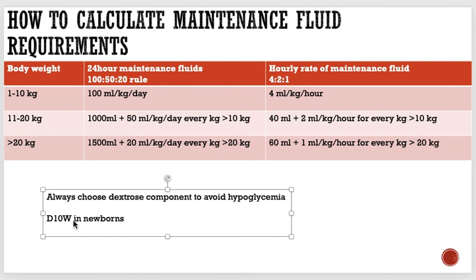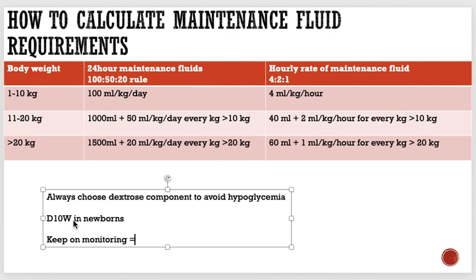And of course, keep on monitoring. Remember, what you are putting in, the intake or the input, should be equal to the output. If you are talking about the maintenance one, for example, if you are giving per oral plus what you are giving in IV form, we should keep in mind these things and compare and see the output.